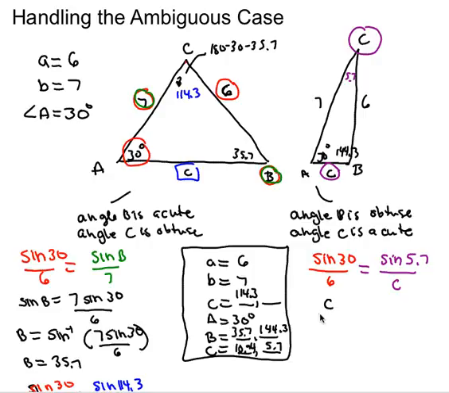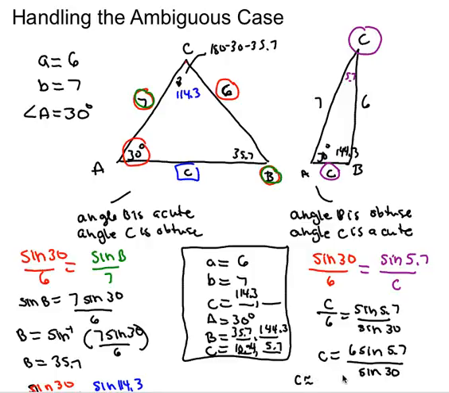I switch it so C over 6 equals the sine of 5.7 divided by the sine of 30, and C equals 6 times the sine of 5.7 divided by the sine of 30. When I do that, I end up with C approximately 1.19. So that's my other piece of information, and now I've solved it. I have two different values for some of these answers, and that is an example of the ambiguous case.